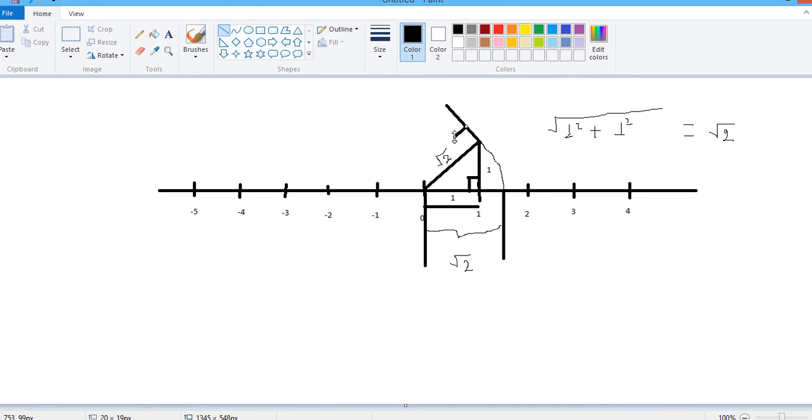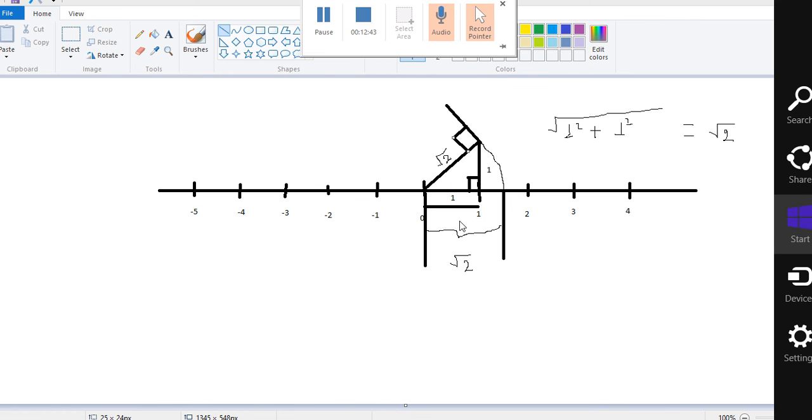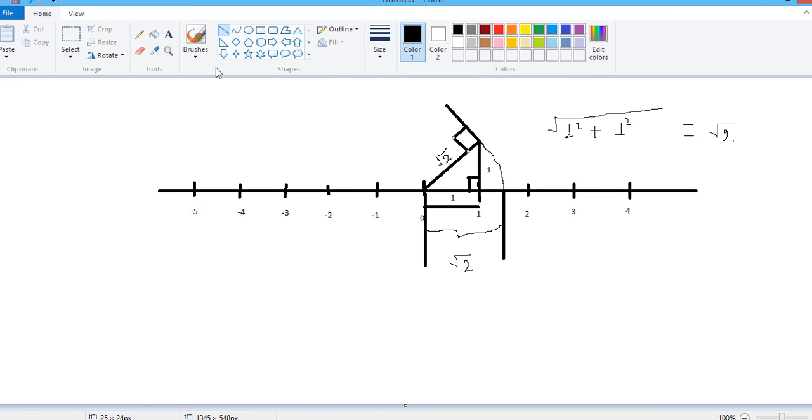This is a perpendicular. This is 1. Okay, and I am joining this line with this.